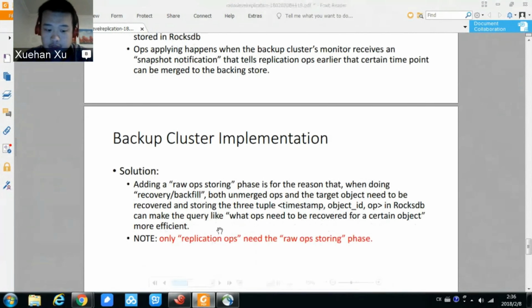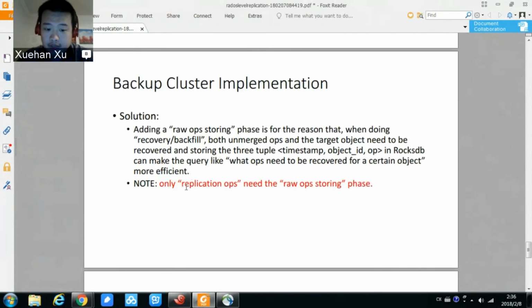And one thing to note is only replication ops need the RAW ops storing phase. Other ops, like those caused by recovery and backfill, do not need the RAW ops storing phase.